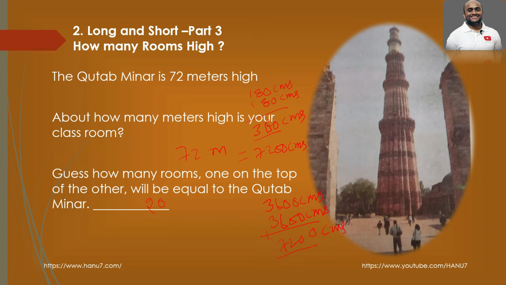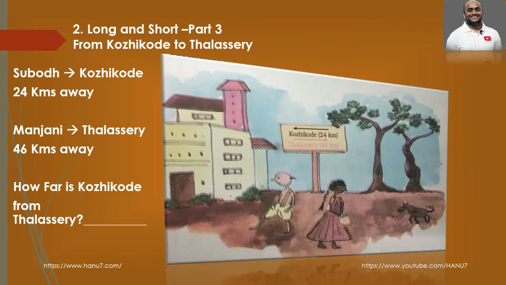Okay, so 20 rooms, if you can put them one on the other, it will become the 72 meters height of the Qutub Minar. That is about this slide, the Qutub Minar's height and calculations, how many rooms, how you will be guessing, and how you guessed, all those things. You can write it in your answers.